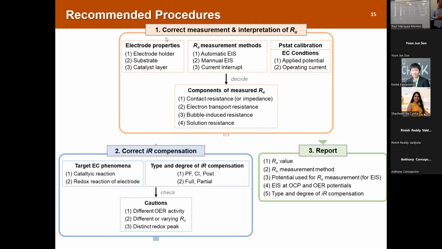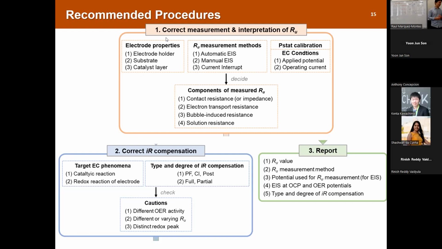Theoretically, any type of IR compensation or RU measurement should work well, but practically, if the battery electrode is too big, there is uneven electric potential applied across the electrode. So you might get a different RU value, or even if you obtain the right RU value, when you apply potential with the IR compensation, you're applying different IR compensation for each local site. That's the con of using a large battery electrode.